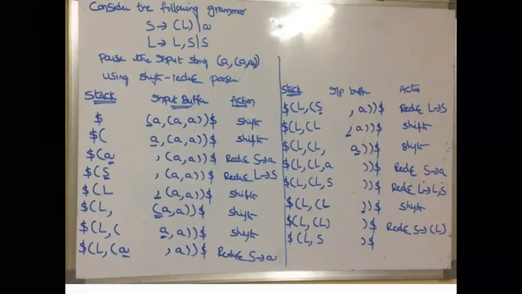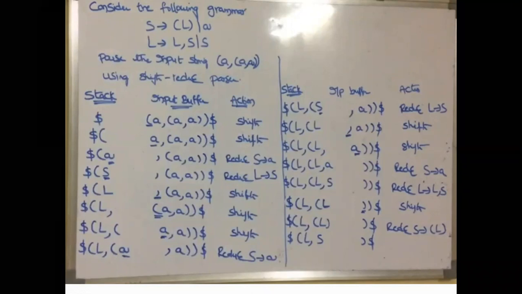So what does shift mean? We take one input symbol that is present in the input buffer and push it onto the stack. That action is called the shift action. The second one is the reduce action. In this reduce action, whatever is on top of the stack is replaced with the left side non-terminal.